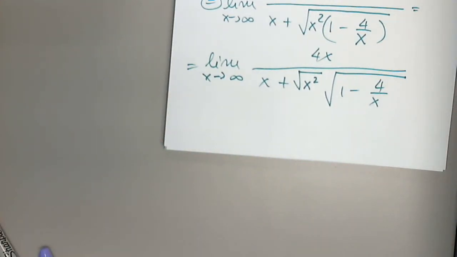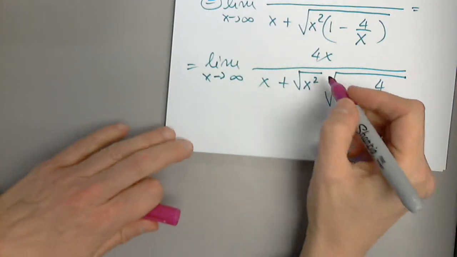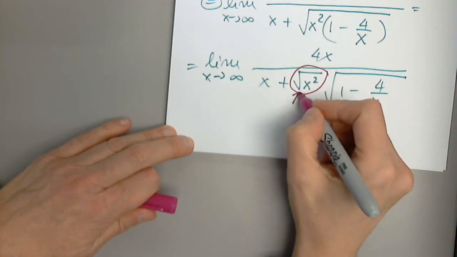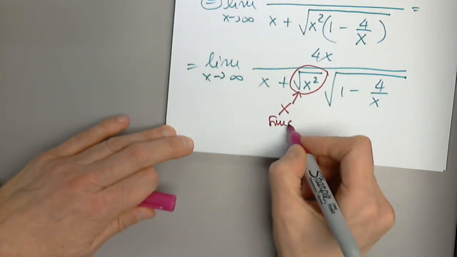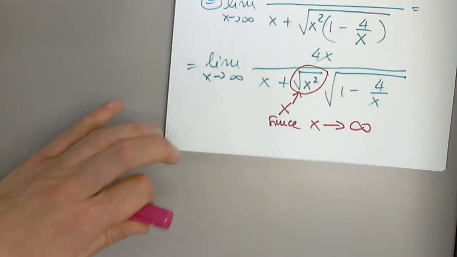At this point, I have to make the following argument. What does the square root of x squared equal to? You should say the absolute value. However, you're right, because x approaches infinity, you can replace that by positive x. So I will write this is x since x approaches infinity.